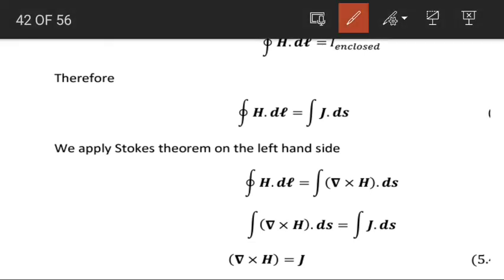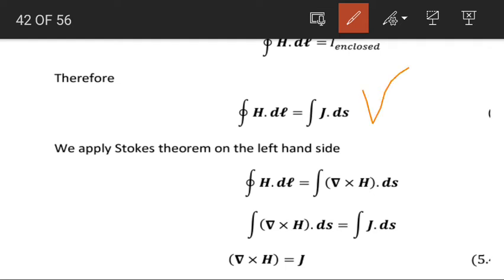The current enclosed by the closed path is the current in the conductor, and the current in the conductor is given by this equation. The integration of J dot ds gives you the current in this particular conductor. So we consider this particular equation.